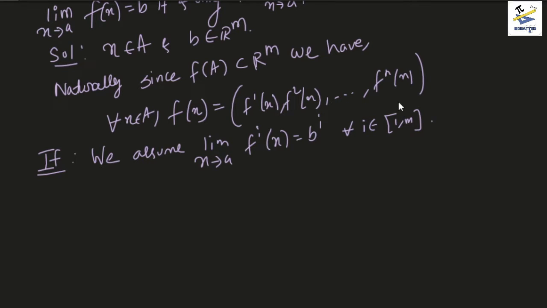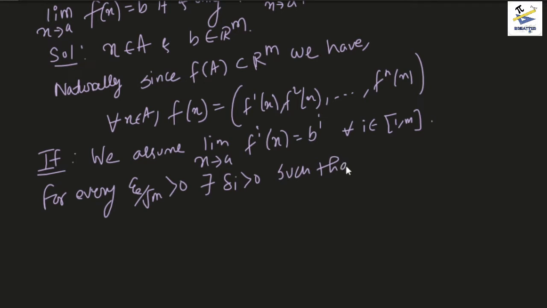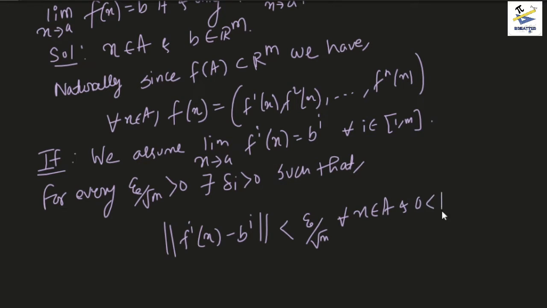Then, from single variable calculus, we can say that for every epsilon by root m greater than 0, and why the root m is there is something we can do by back calculation, we'll see why, there exists delta i greater than 0 such that the absolute value of fi(x) minus bi is less than epsilon by root m for all x belonging to A and 0 less than norm of x minus a less than delta i, right?